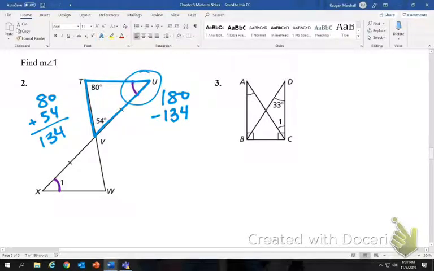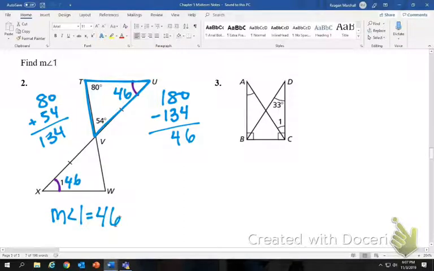We need to find what remains. So subtract, and you get 46, correct? 46, yep. So if Q is 46, the measure of angle 1 is also 46. Ta-da!